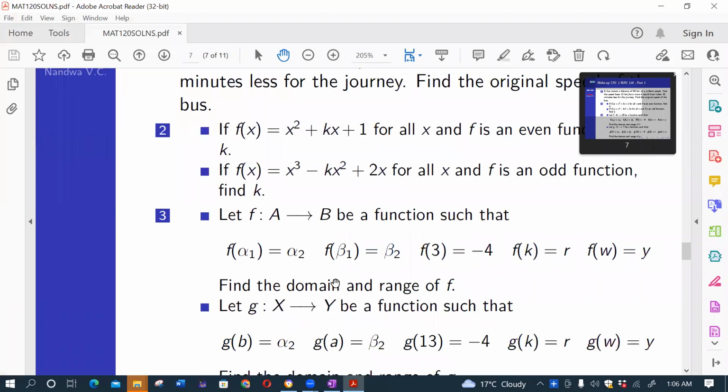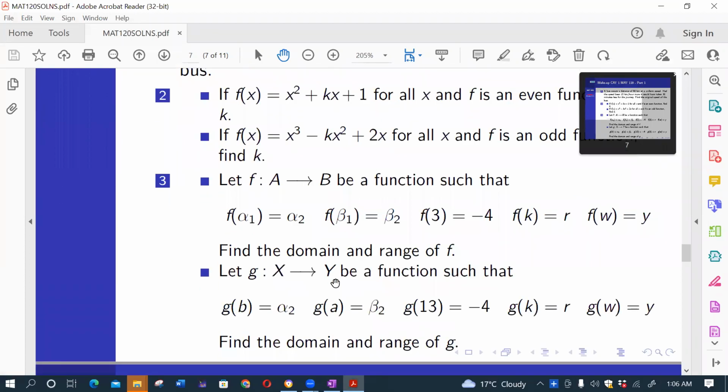And then we have to find the domain and range of the function f and g.